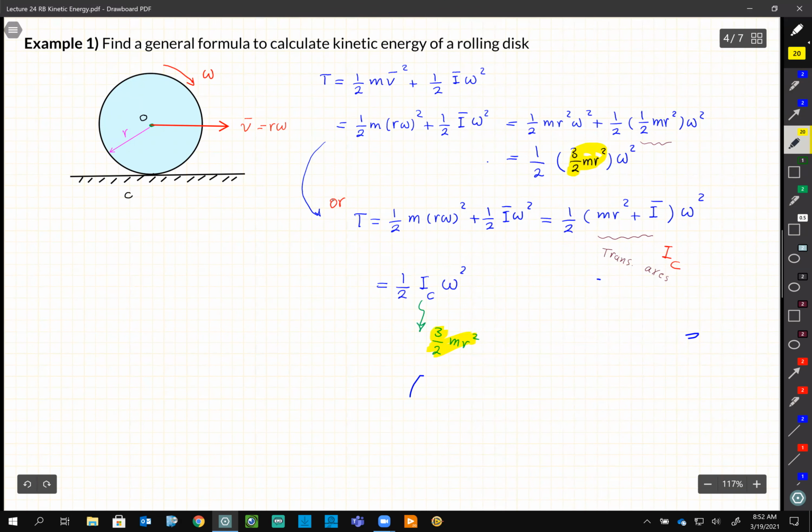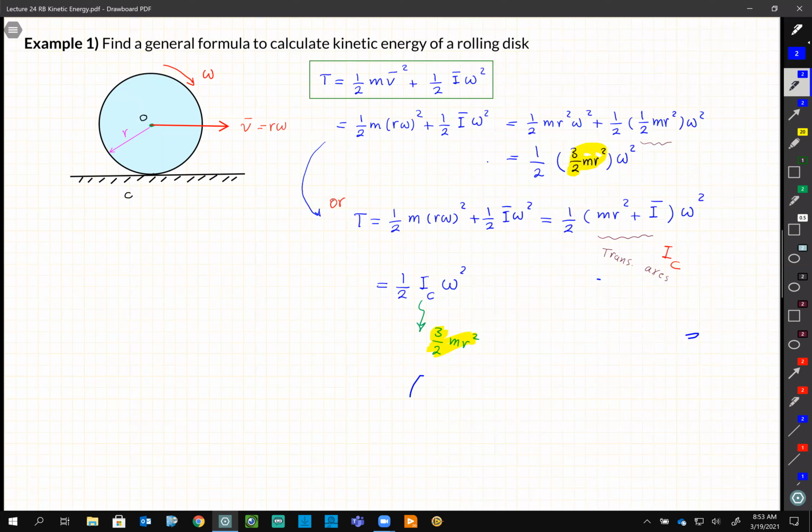So the conclusion: if you have a disk that is rolling, category number 3, right? When it's rolling, its center is also moving, it has a speed. Rather than writing this general formula, you saw the proof here, right?